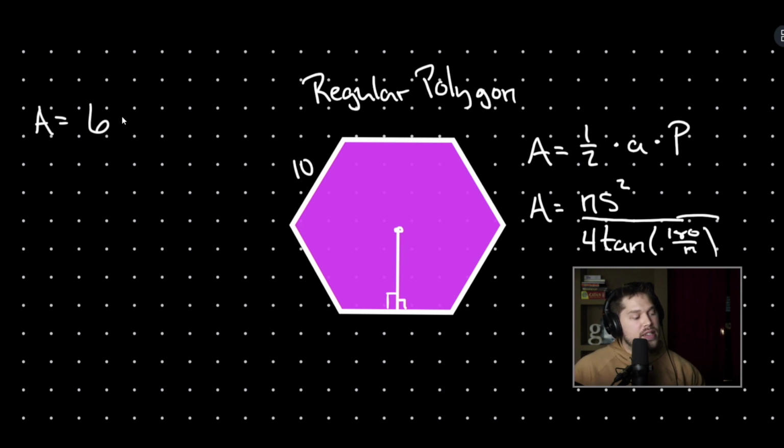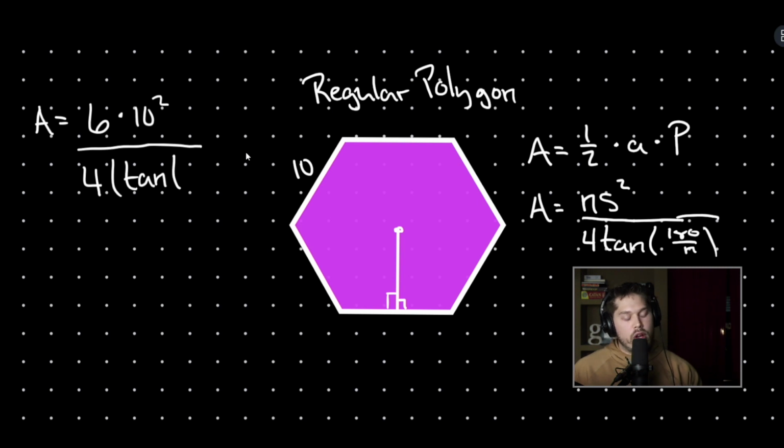Our side length is 10, so 6 times 10 squared, all divided by 4 times the tangent of 180 divided by 6. That's going to be 30, so the tangent of 30 degrees. And we need to now simplify this.